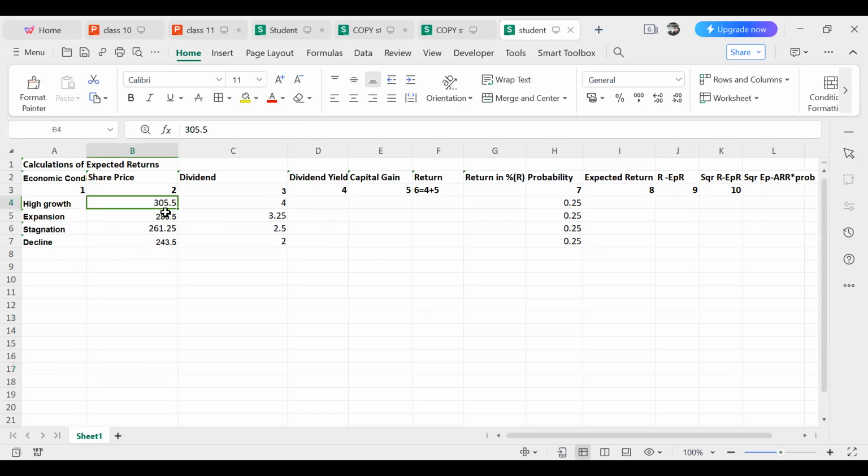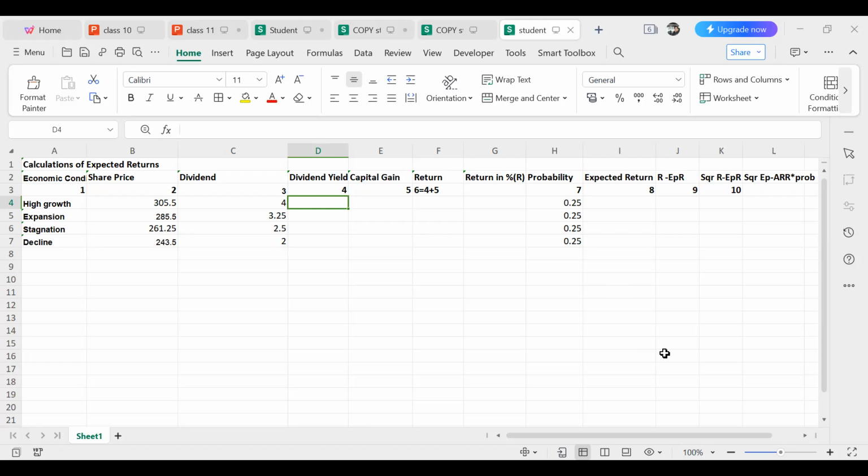The same question. 305, 285, 261. Then the dividend values are there, which is 4, 3.25. Can you see dividend yield here? How much is the dividend yield? Is dividend yield given here? No, ma'am. So how to calculate the dividend yield?